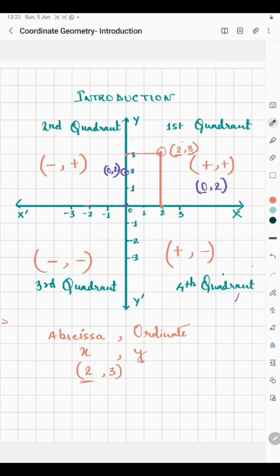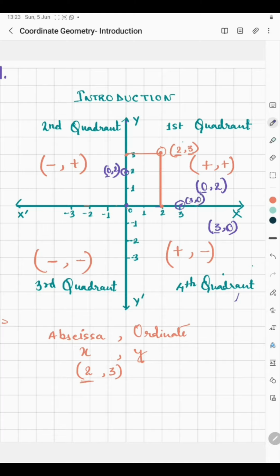So on the y-axis, the value of x will always be 0, and on the x-axis the value of y will be 0. If I take 3, 0, it means the value of x is 3. So on the x-axis here is 3, and the value of y is 0. That means here is 3, 0.